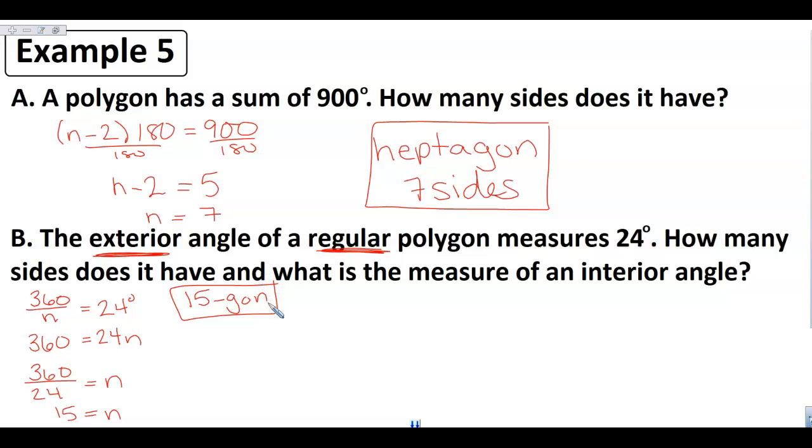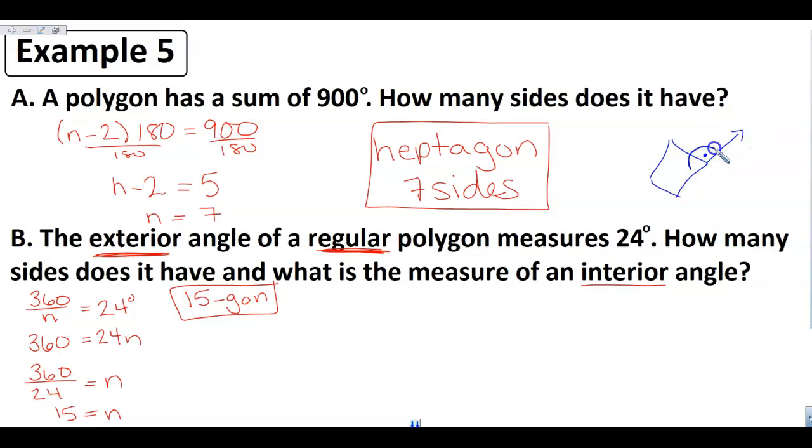Now to get the measure of the interior angle, we can do this one of two ways. If I have an exterior angle that measures 24, remember guys, if we're looking at a polygon here, I'm just going to draw a quadrilateral. Here's my exterior angle here.